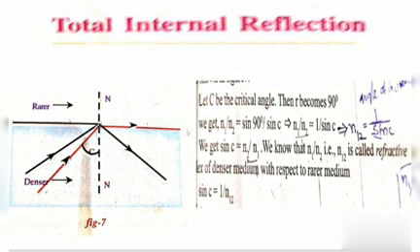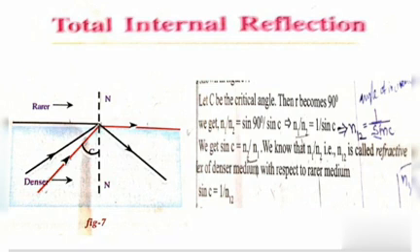First, what is the meaning of critical angle? Critical angle is the angle of incidence at which a light ray traveling from denser to rarer medium grazes along the interface.